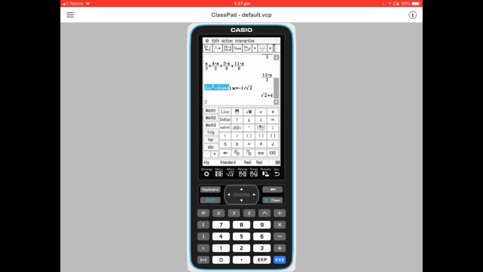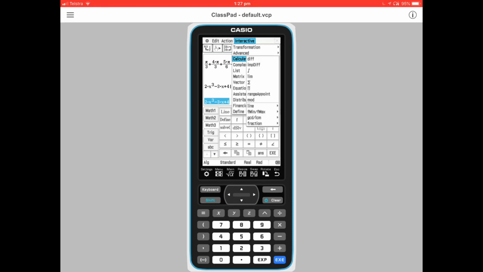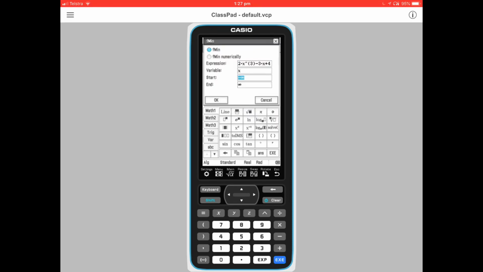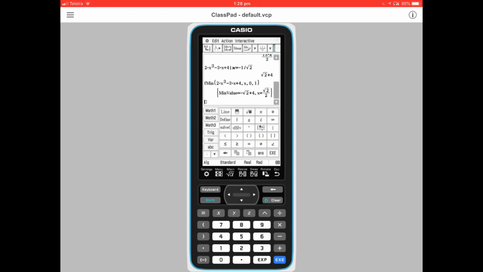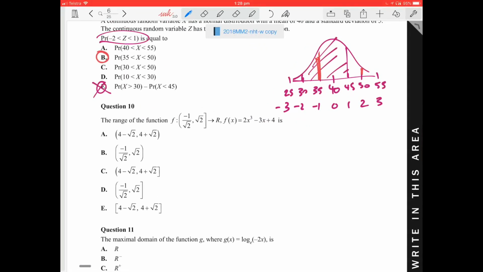And our minimum value, let's say it's between 0 and 1, calculation, f min 0 to 1. Okay. So what does the question ask? That's our maximum value, and that's our minimum value, root 2 plus 4. But it was a root 2 plus 4.